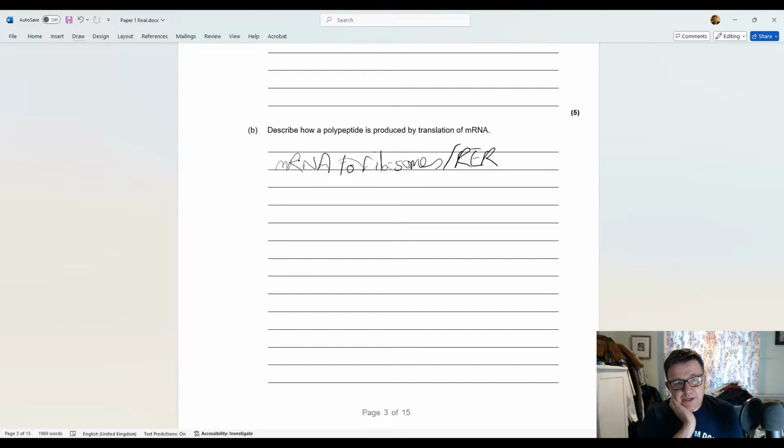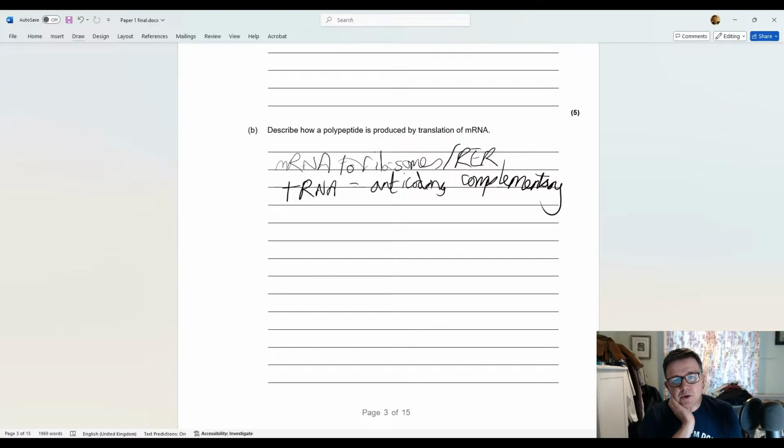And then you've got tRNA and the anticodons are complementary to the mRNA codons. Okay, so anticodons, complementary, that is a key word you're going to use all of the time. There's lots of things that use complementary.